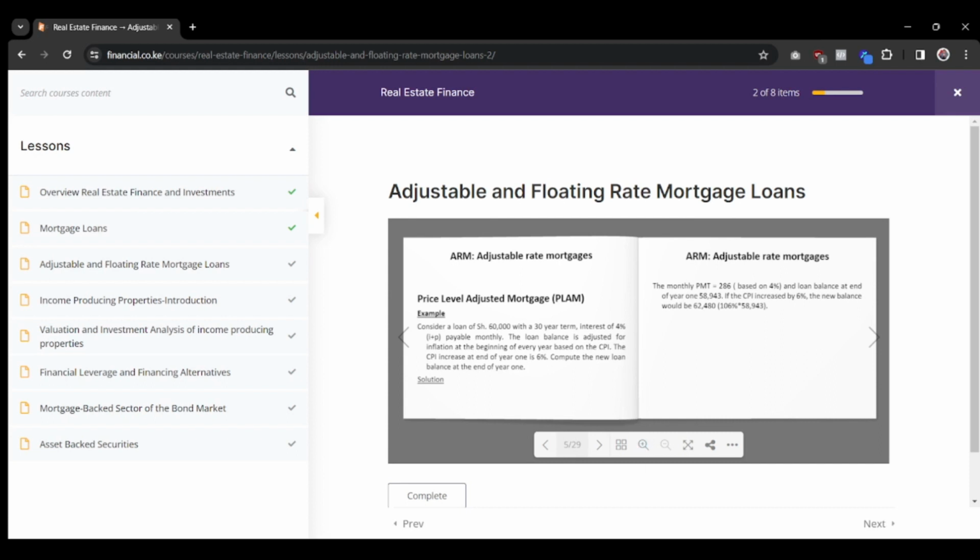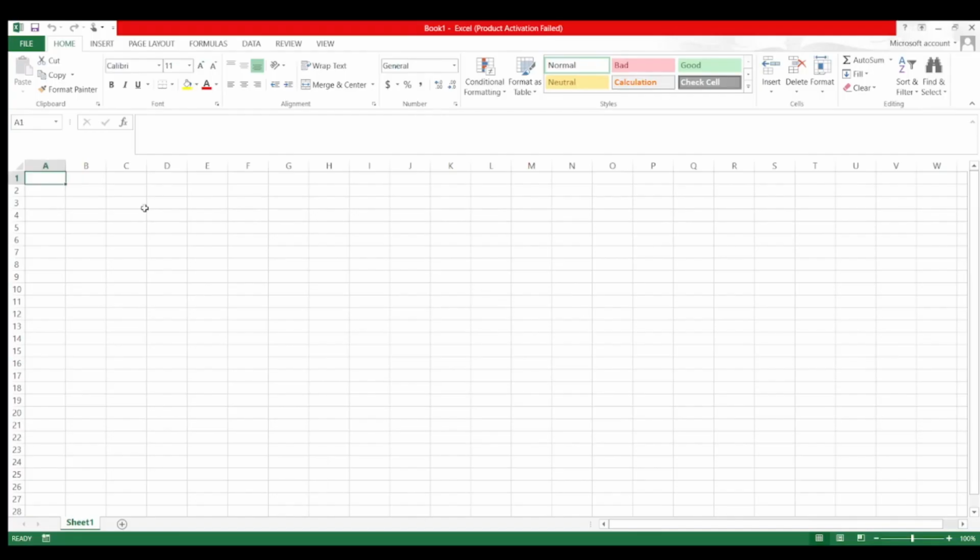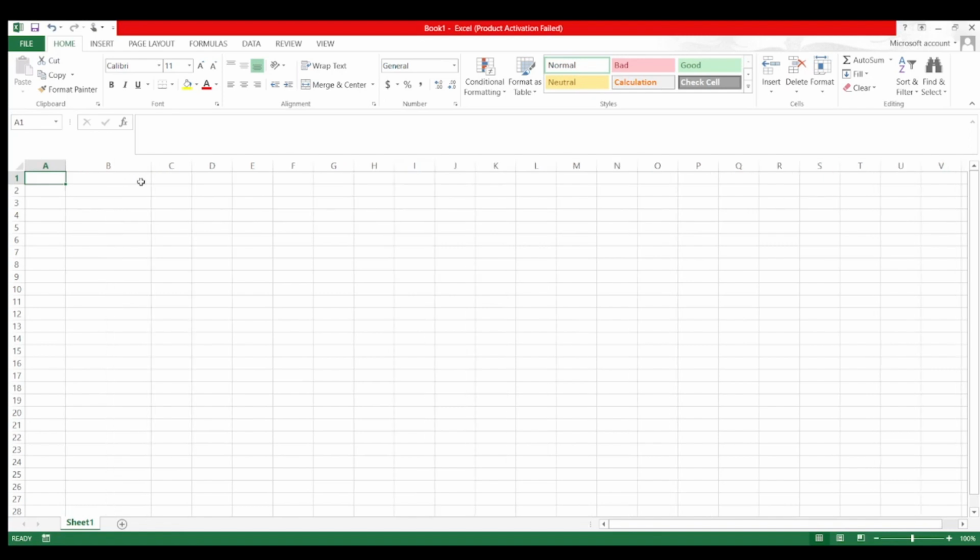So let's do this practically in Excel. First, let us note the loan amount. In this case, our loan amount was 60,000.